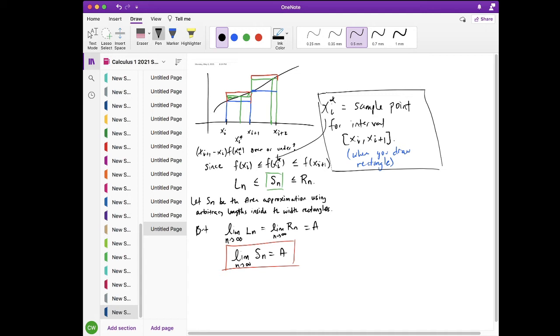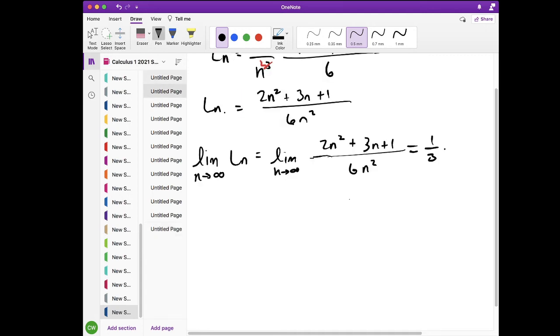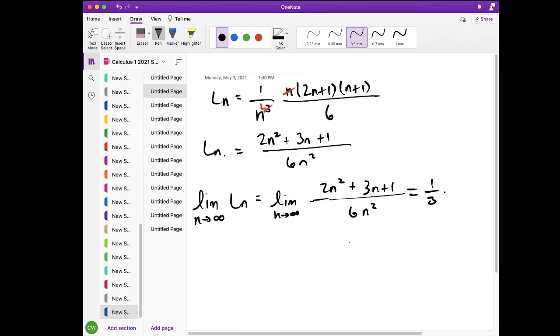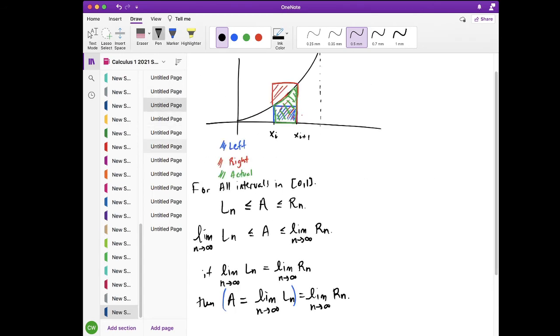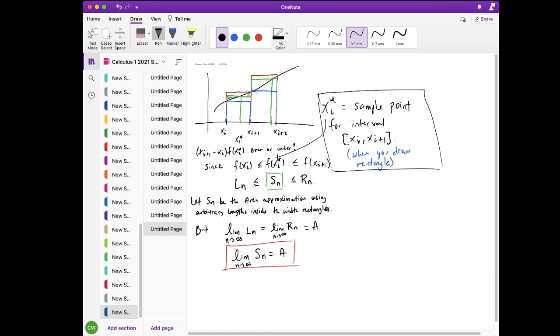But of course, in actual practice, you might want to use left or right because it's easy to come up with a formula to actually take a limit of, where the sample point might be harder to do. Midpoint is a common one that people use.